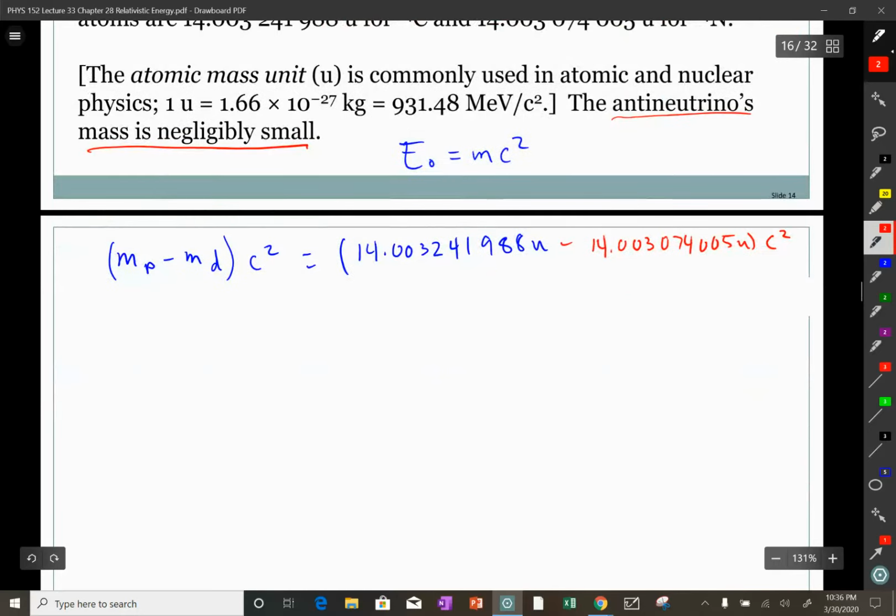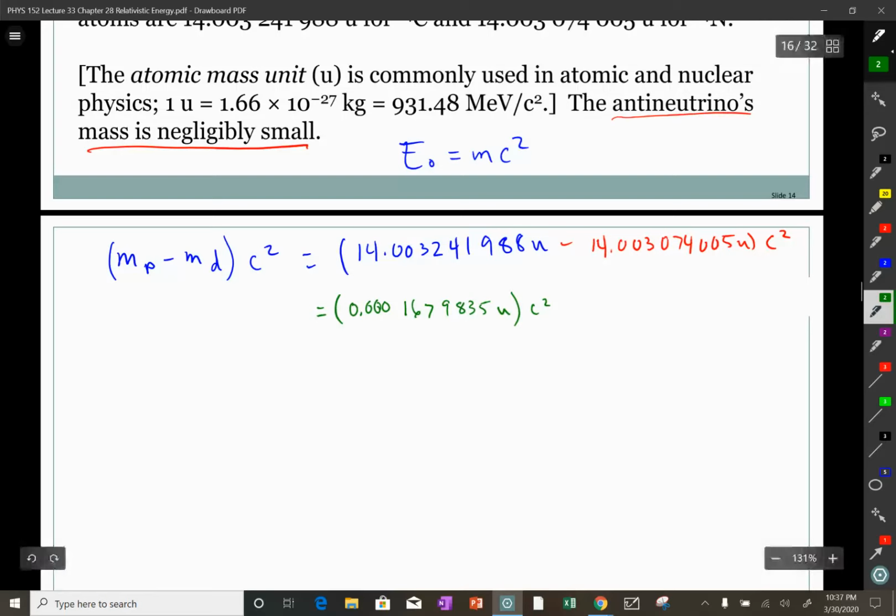So if you do that calculation, I've already done the calculation, so I just look at my numbers. 0.000 zeros 1679835. That's probably more digits, but it's correct digits. Times c squared.